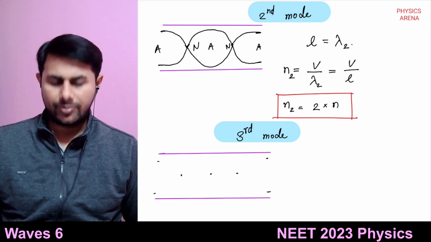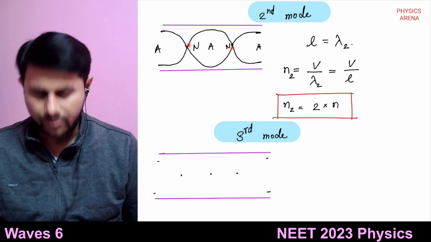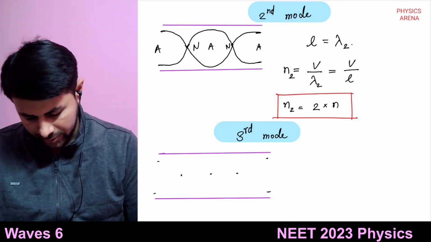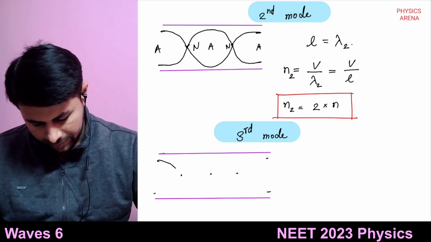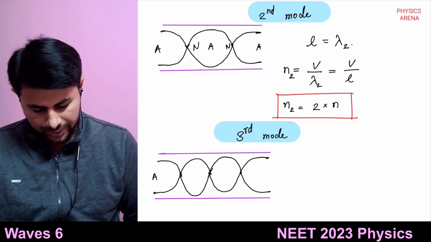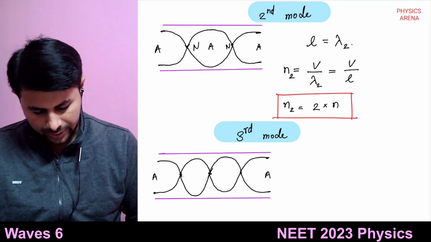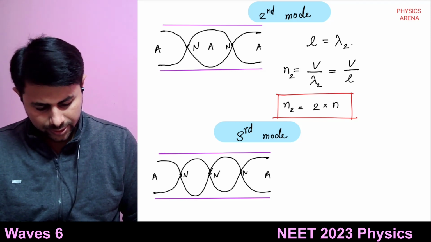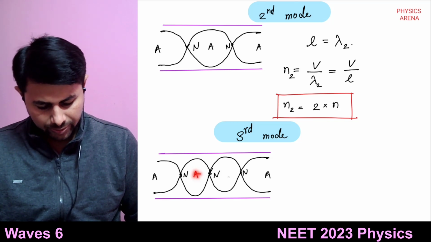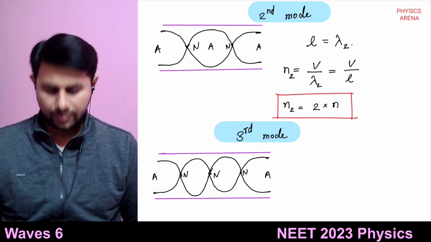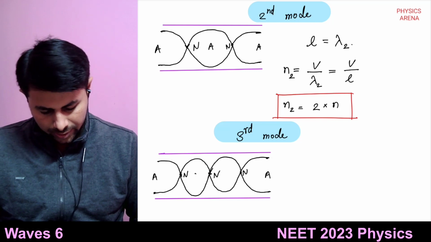Three nodes will get formed in between. Here 2 nodes got formed. So again an antinode, antinode, then these are nodes, nodes, nodes, and in between nodes there will be an antinode, antinode here. Okay, we can draw.